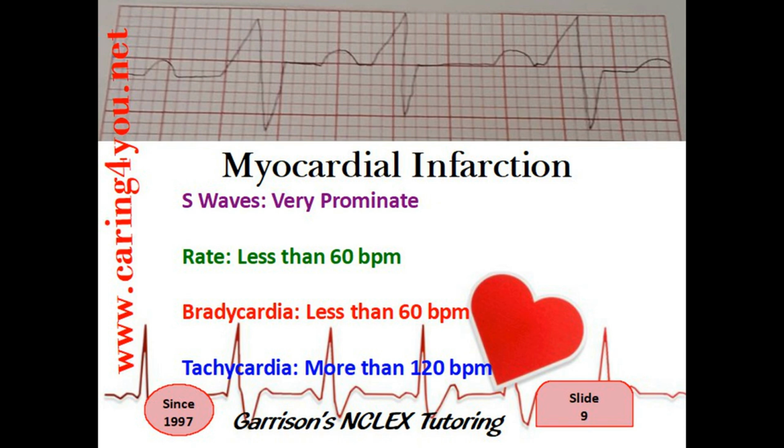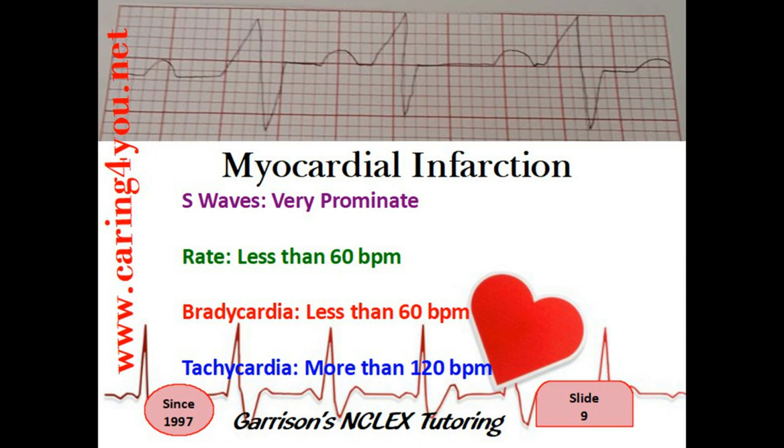Well, all you got to do for myocardial infarction is look for the S wave. The S wave is extremely prominent. Now, for the purposes of the strip that I did here, if you look at the middle heartbeat, the S wave goes down to the line.